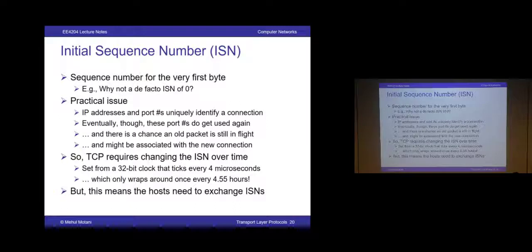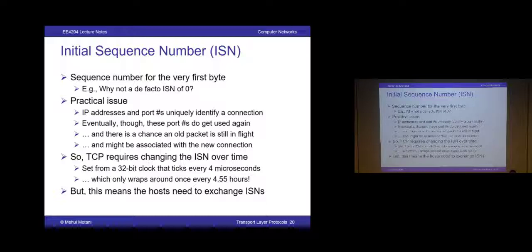You start a connection, you start with 1, 2, 3, 4, 5, and suppose packet 5 gets delayed in the network. TCP kicks in and resends packet 5, and that packet 5 completes the flow. But the old packet 5 is still flying around the network.